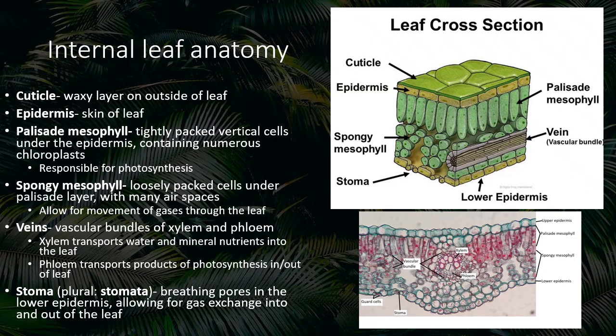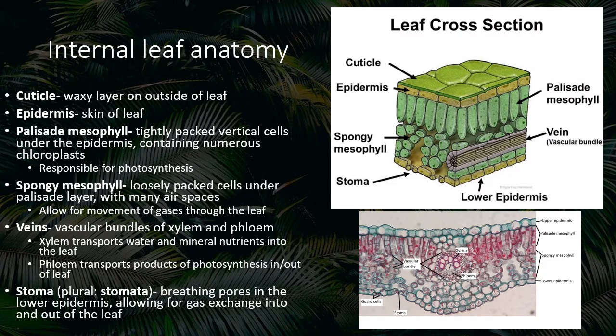It is composed of vertically stacked, I should say, tightly packed vertical cells, which are under the epidermis. And we see that these cells contain numerous chloroplasts. They are some of the most chloroplast-dense cells a plant will produce. And as such, they perform the majority of the photosynthesis within a leaf.